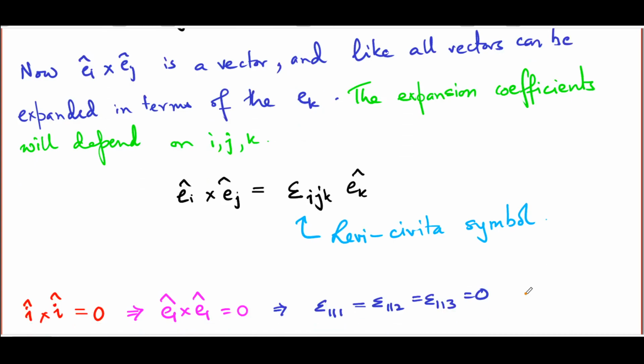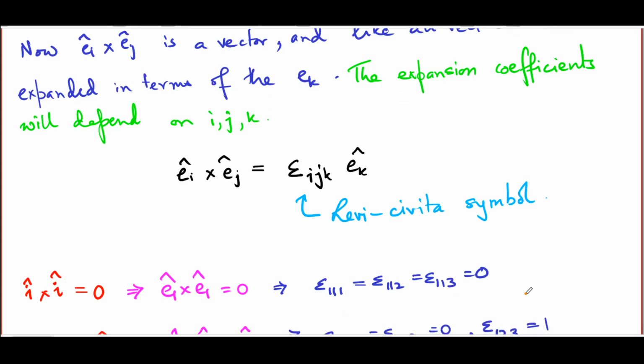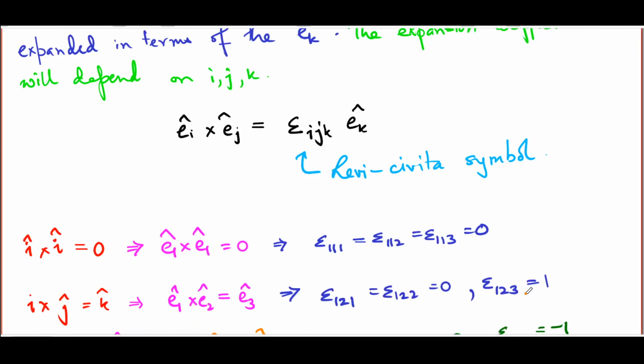That's the standard result from cross products. So epsilon_11k e_k is 0. So epsilon_11k is 0 for all k. That is epsilon_111, 112 and 113 are all 0. On the other hand, i cross j equals k gives you, in this new language, e1 cross e2 equals e3.